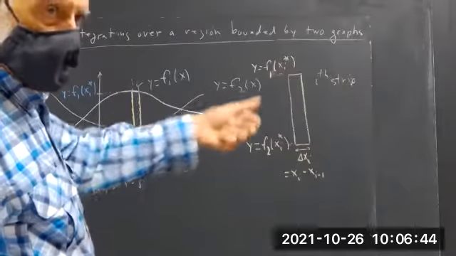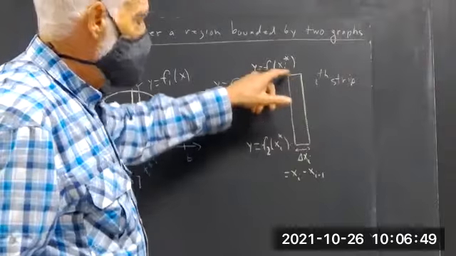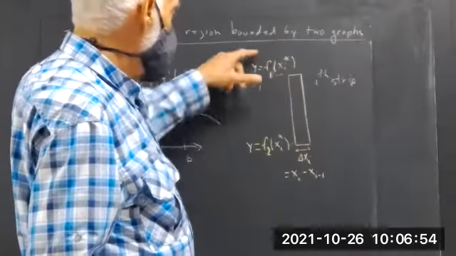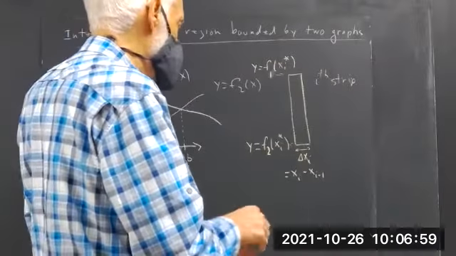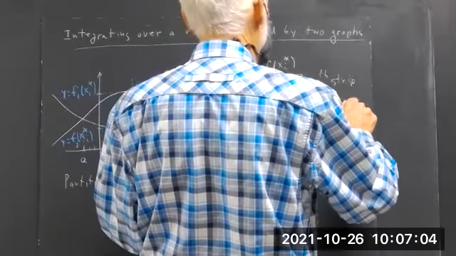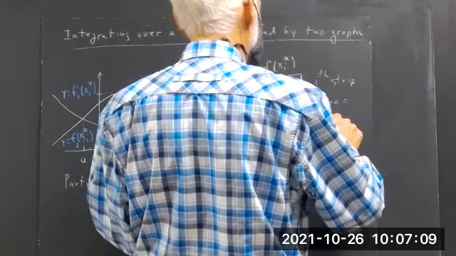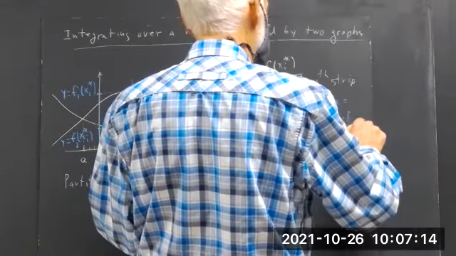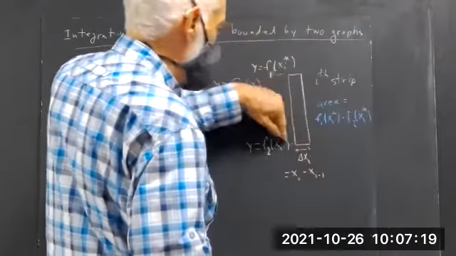Now, if we were looking for the area, well, we could get the area of that strip in a very straightforward manner. We just multiply delta x i by the difference between these two. And we see that the area is the length times the width.